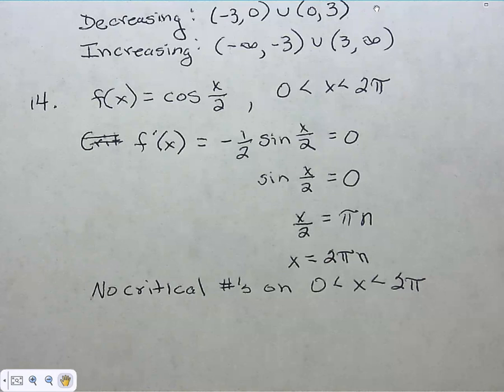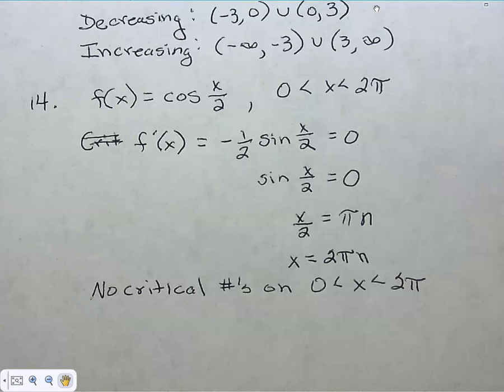All right, what does that say about the function if there's no critical numbers? And I forgot to tell you a word I meant to tell you a minute ago. It's either always increasing or always decreasing. The name for that is strictly monotonic. Strictly monotonic means always increasing or always decreasing.